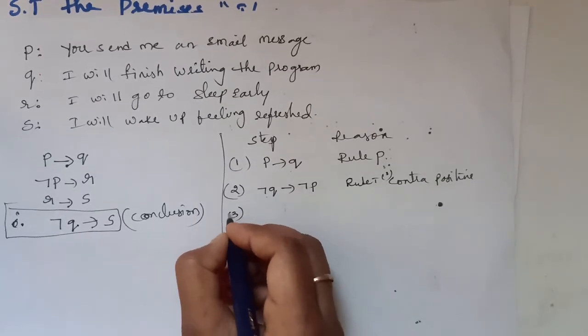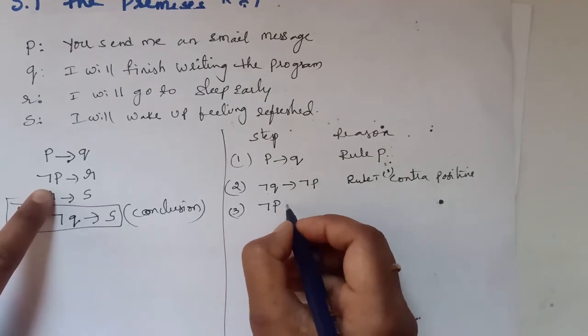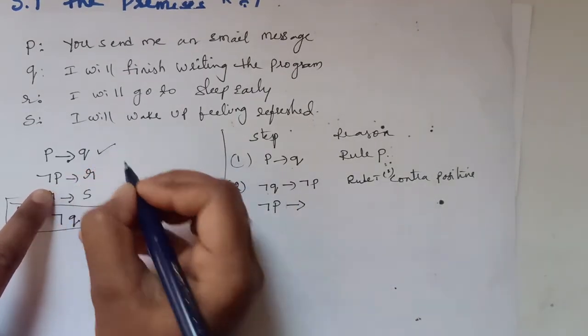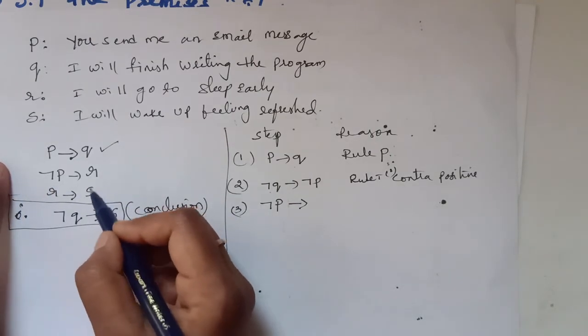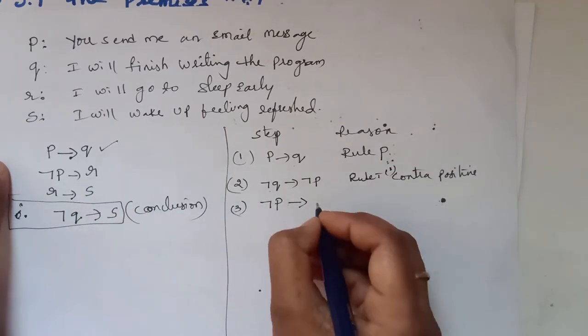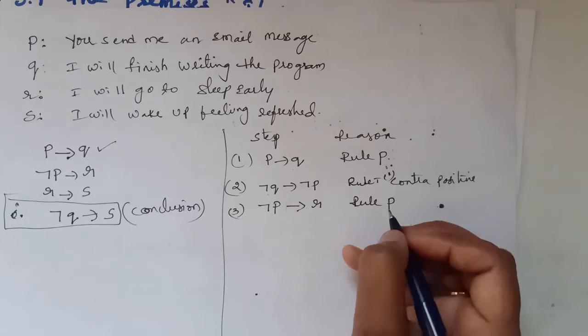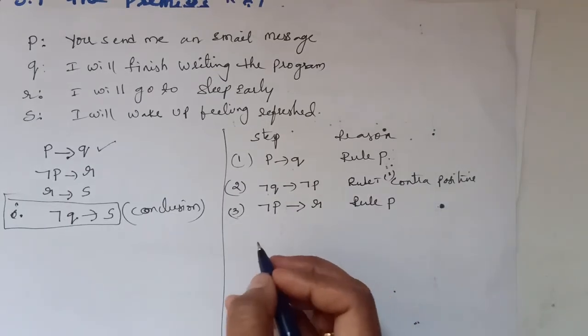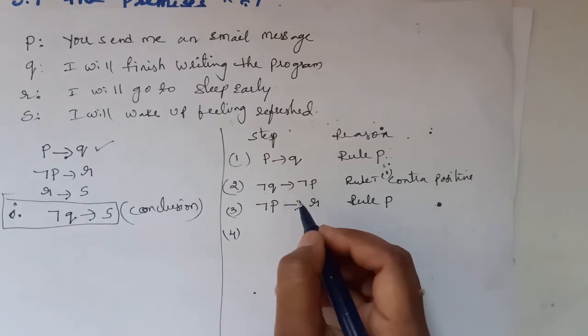Now, I am introducing the next premise, negation P. This we have introduced already. So you have two more premises to introduce. Next I am introducing negation P conditional R. If you introduce any premise, that is rule P. Next, look at these two premises.